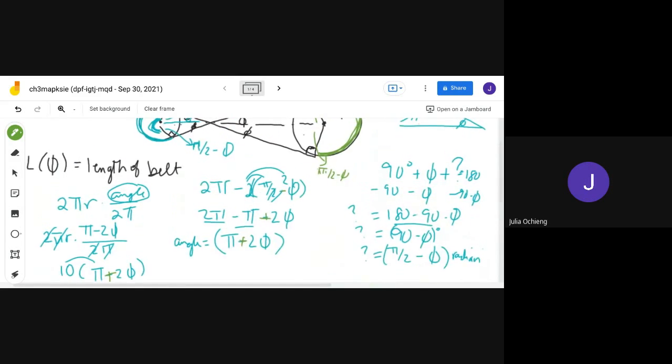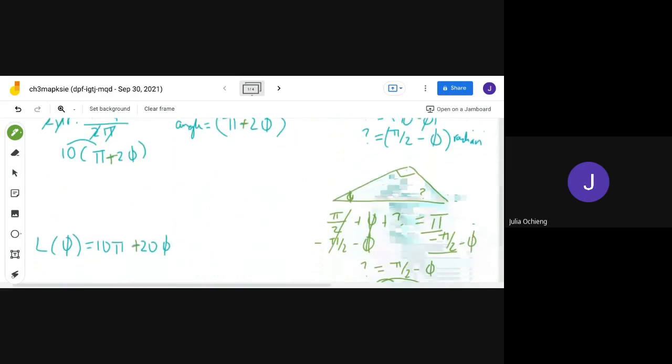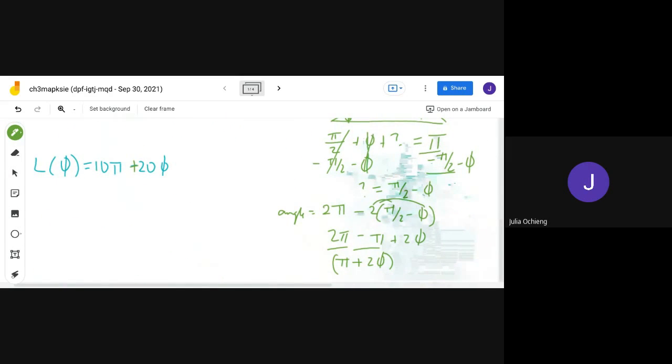And again, pi plus 2 phi is this angle right here. So I found this angle right here, the central angle. And that tells me what proportion of the circle I want the circumference for. So my portion of this circle is going to be 2 pi r, the entire circumference, times my angle, which is pi plus 2 phi, all over 2 pi.